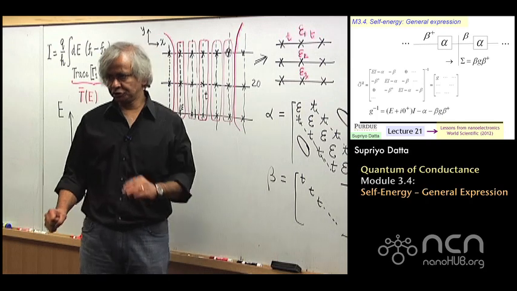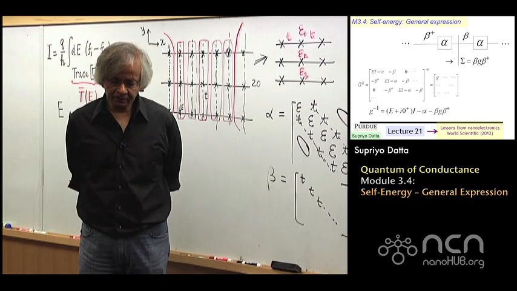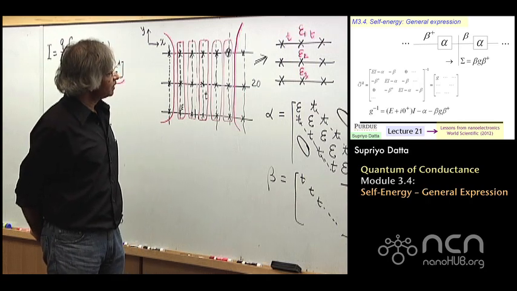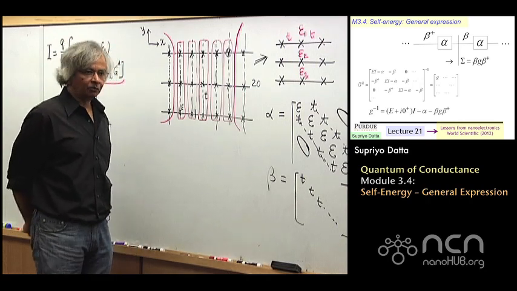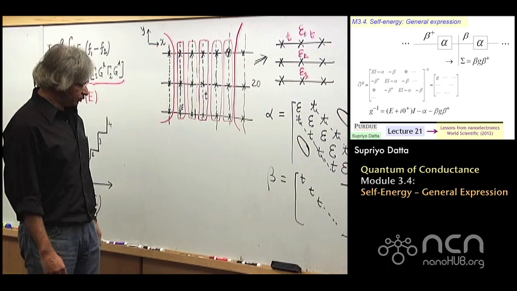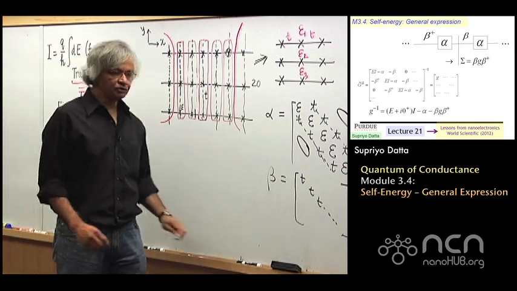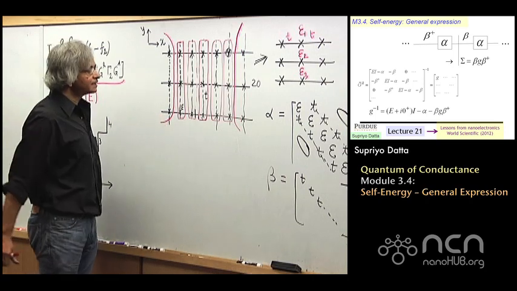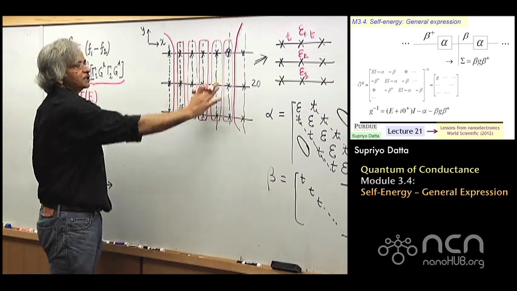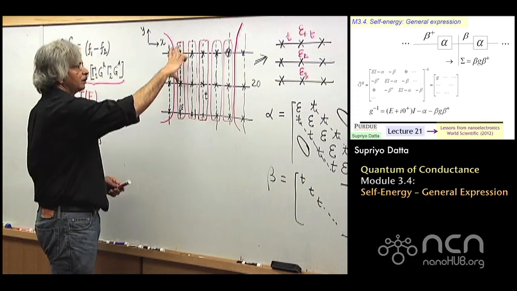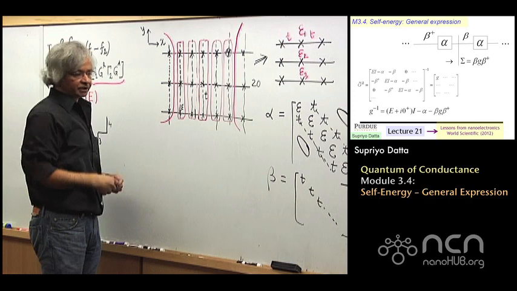Welcome to module 3.4. As you may recall, in the last module we talked about how we can think about two-dimensional conductors. One of the concepts I introduced that's very useful and powerful in this context is that when you have a two-dimensional lattice like this, it is convenient to think of each column as an object.